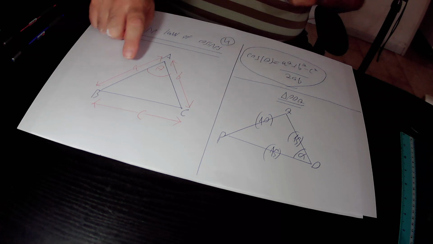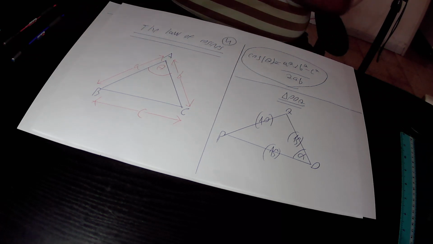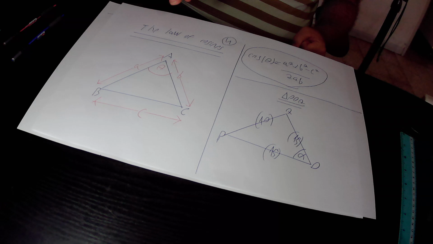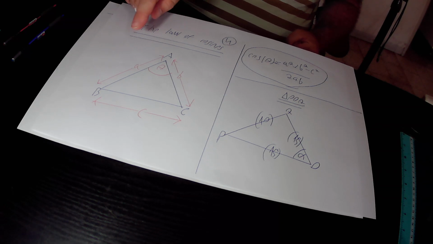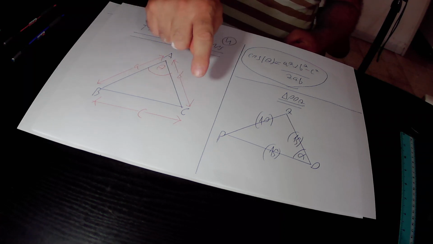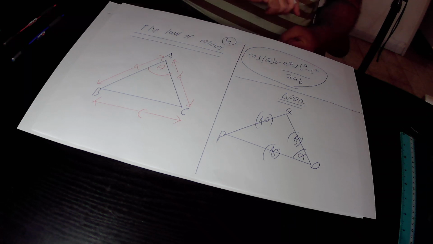This is angle theta. Cosine theta equals A squared plus B squared minus C squared over 2 times A times B.